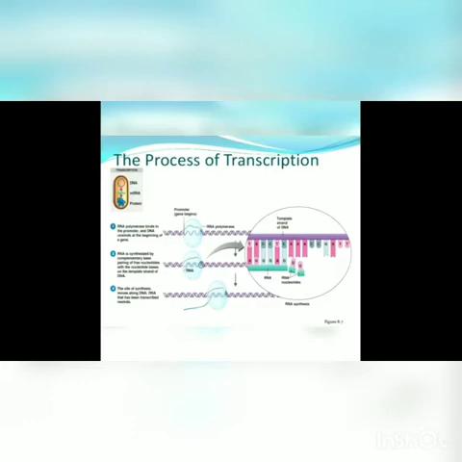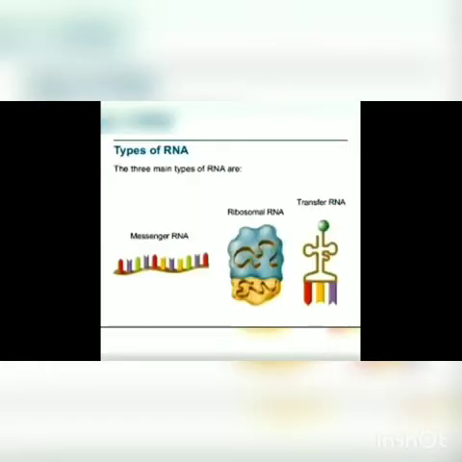Next, we see the process of transcription. In prokaryotes, there are three major types of RNAs: mRNA, tRNA, and rRNA. All three RNAs are needed to synthesize a protein in a cell.